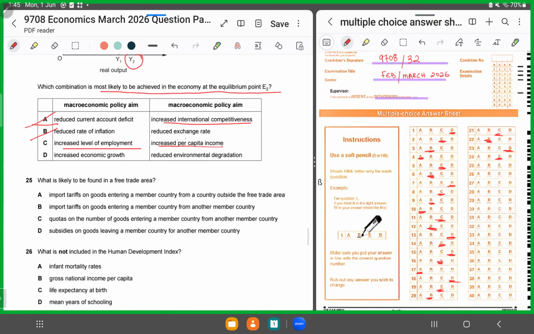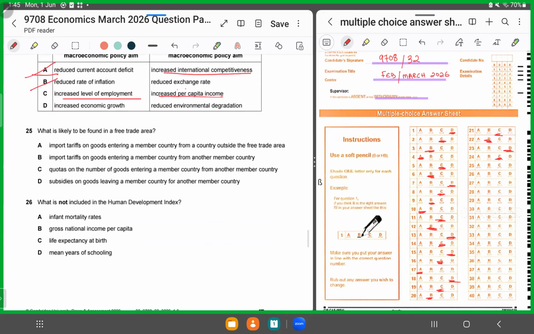Moving forward. Number 25. What is likely to be found in a free trade area? Now, a free trade area is an agreement between member countries where free trade occurs, right? So there's a free trade agreement between countries for exports and imports. And what happens? They impose tariffs on goods entering a member country from a country outside the free trade area.